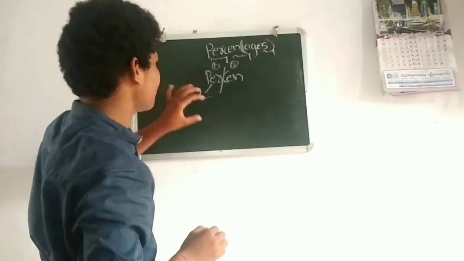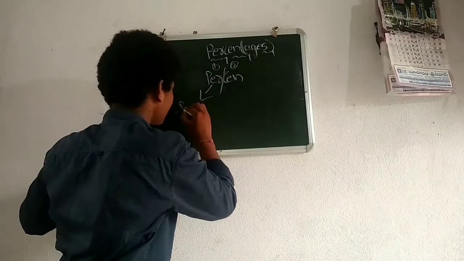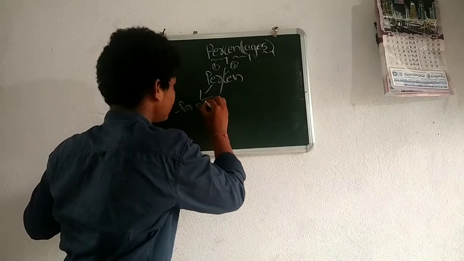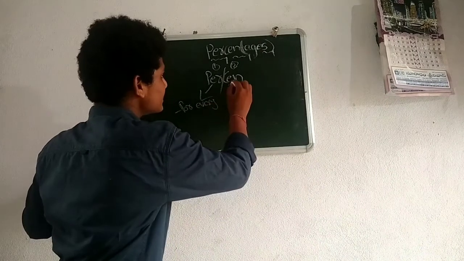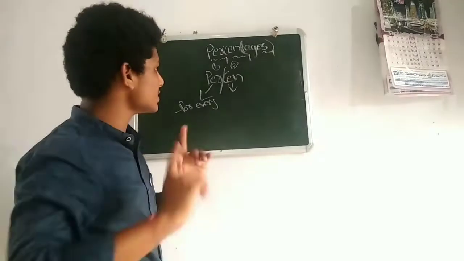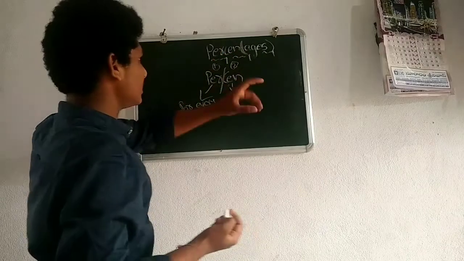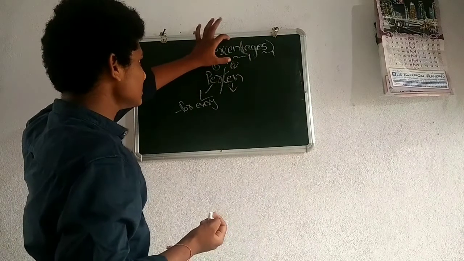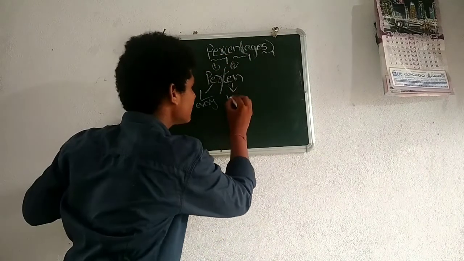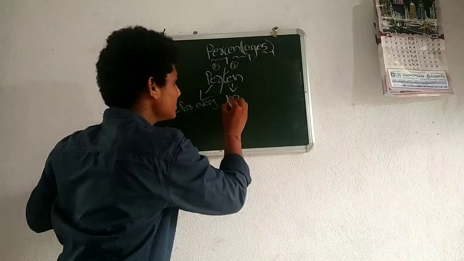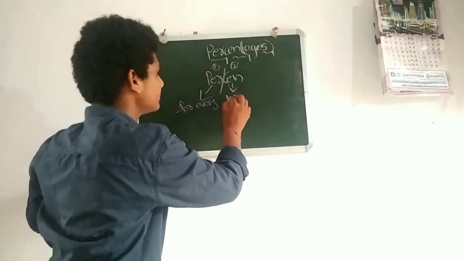Per means for every. Cent, as you all know, means century. In shortcut we write century as cent. Century means 100, in mathematics we write century as 100.